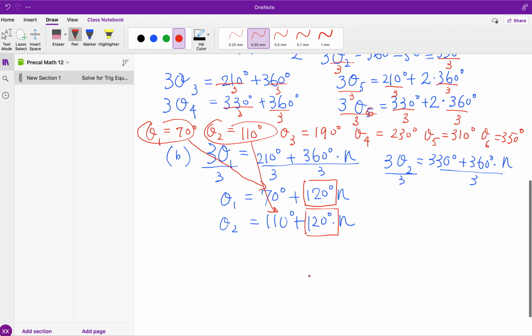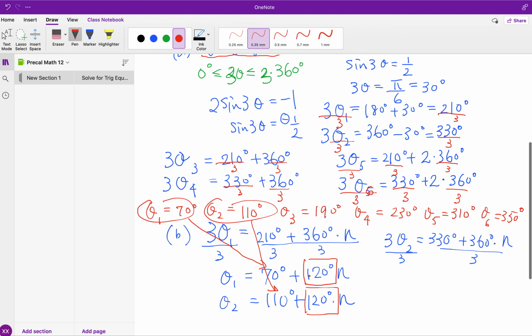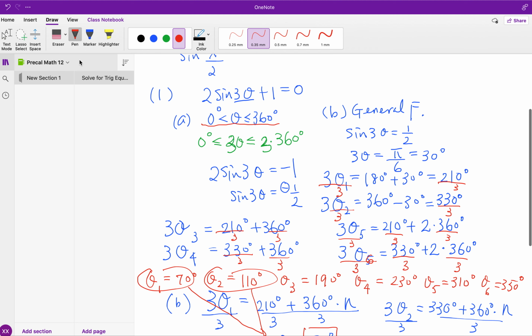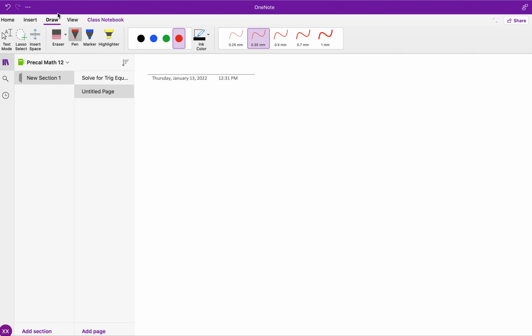All right, so now let's do another example, which is the half. Should I go to a new page? Okay, I go to a new page.